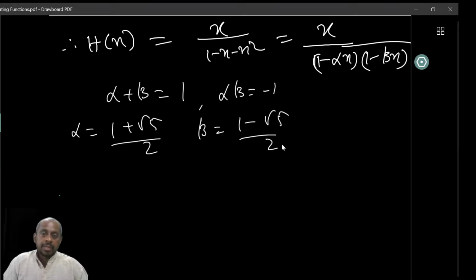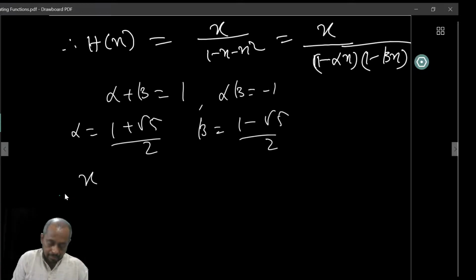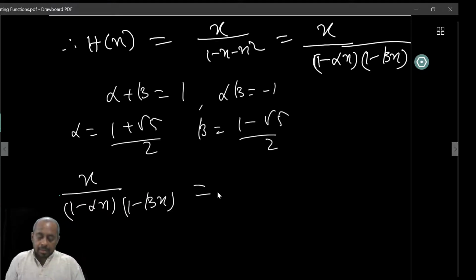Now once you compute this, what remains is to write x by 1 minus alpha x and 1 minus beta x as something over 1 minus alpha x plus something over 1 minus beta x.